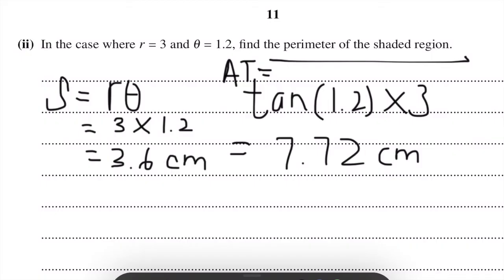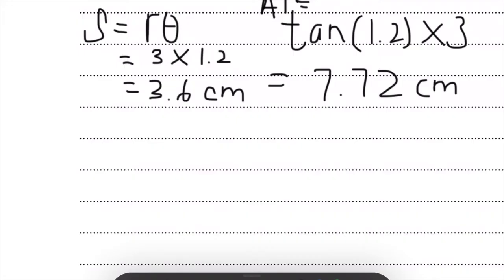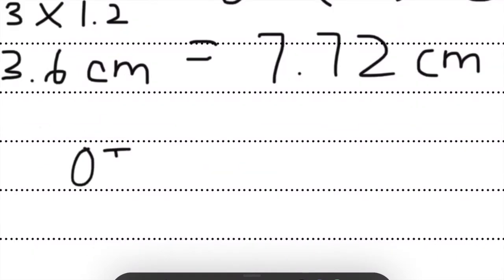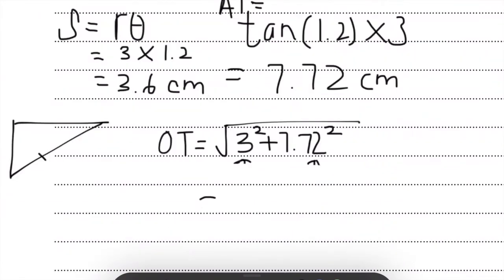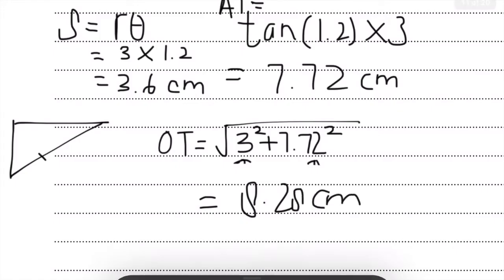And last we'll find OT, which is the full length, before we subtract that with the radius. So OT is equal to square root of 3 squared plus 7.72 squared. This is the radius and this is AT, which is equal to 8.28 centimeters.